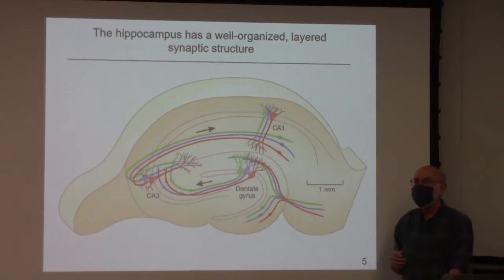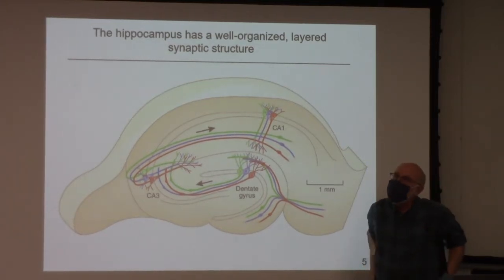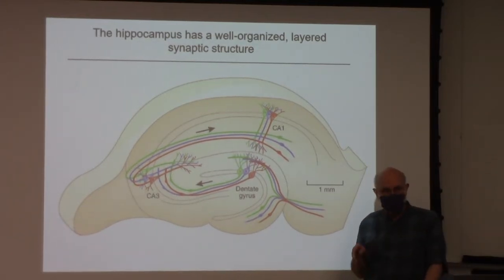The hippocampus is where a phenomenon, now we're going to transition to physiology again. There is a phenomenon that was discovered in the hippocampus, but turns out is true all over your brain, called long-term potentiation and long-term depression.